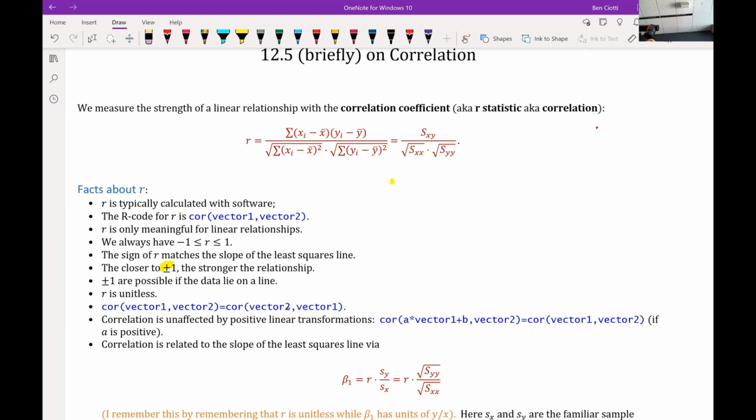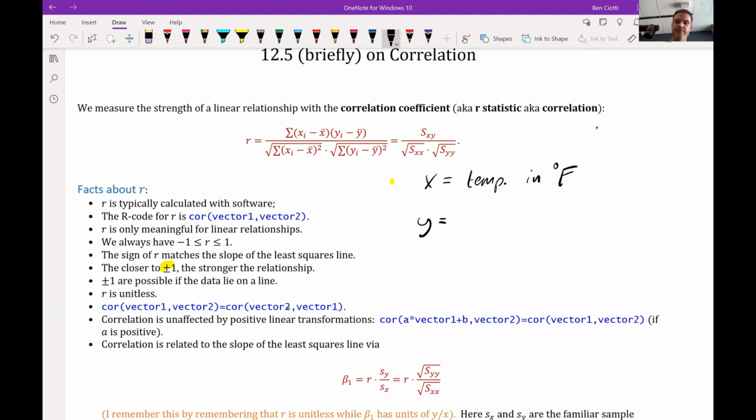So for example, let's say X was a bunch of temperatures in degrees Fahrenheit, and Y was a bunch of, I don't know, what's something that probably depends on temperature? Like hours of sunlight or joules of energy let off by some engine.